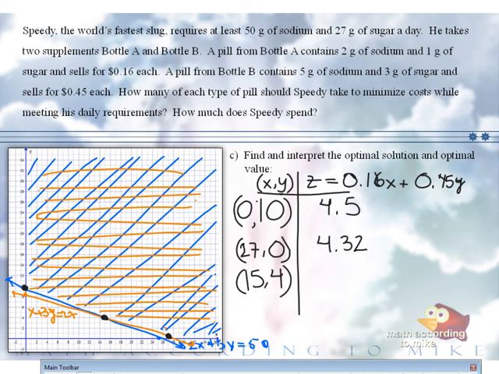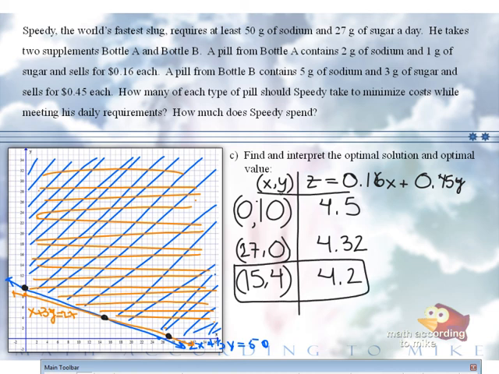And 15 in for x and 4 in for y. 4.2. Thank you. Okay. So since we're trying to minimize cost, we'll pick the last one, 15, 4.